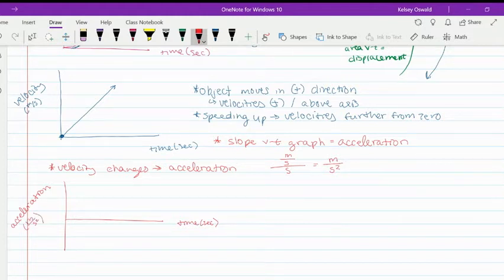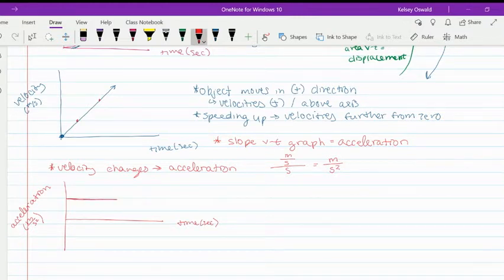So how many meters per second is our velocity changing per second? Okay, so if we look at our velocity time graph, we can see this is going to have a positive slope. And if we pick 2 points on that velocity time graph, we're going to have the same slope through those 2 points. So here, instead of having our horizontal line on our velocity time graph, we're going to have our horizontal line on our acceleration time graph.